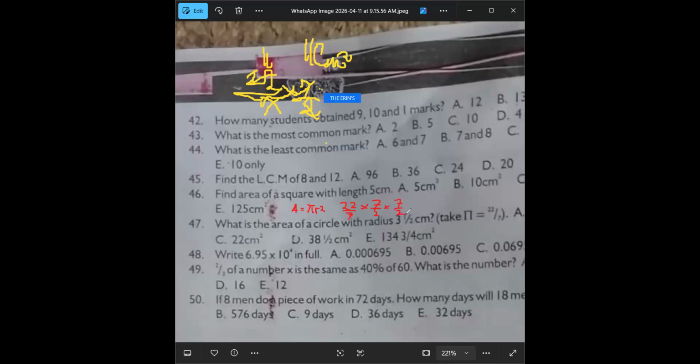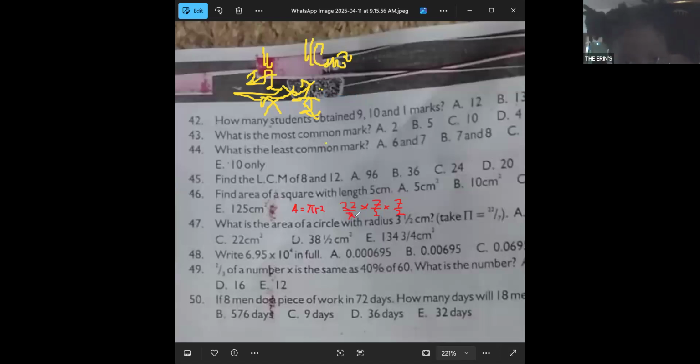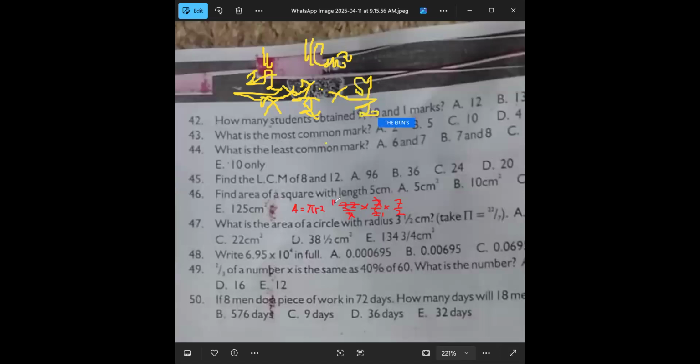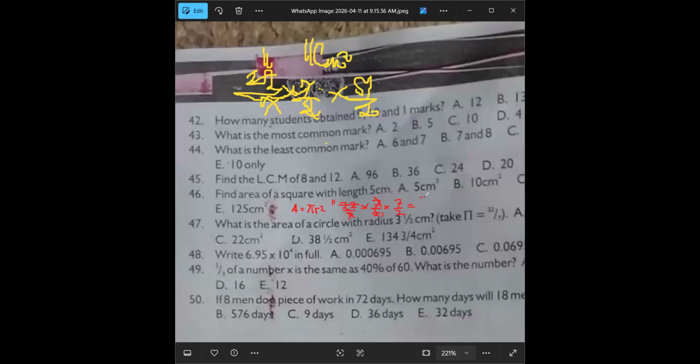All right. So, let's cancel what needs to be cancelled. The 7 can take out one of the 2s, right? 2 in 22 is 11, right? So you are left with 11 times 7 over 2. Yes. So that's 77 over 2.